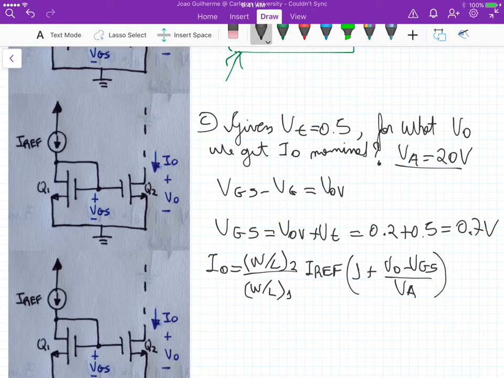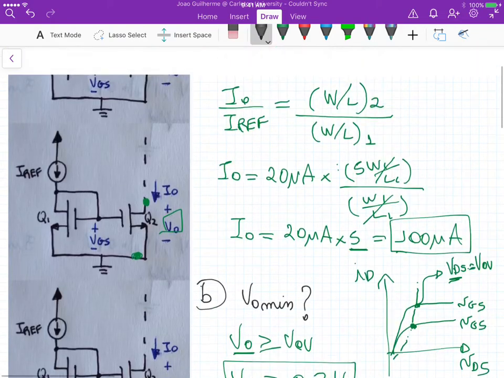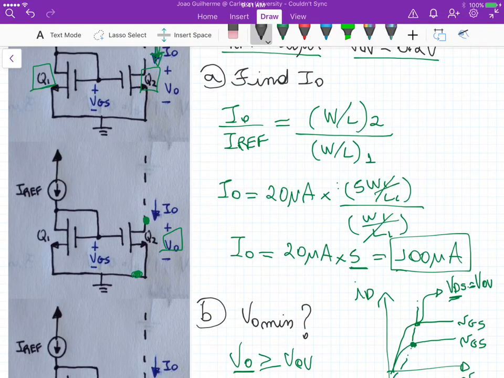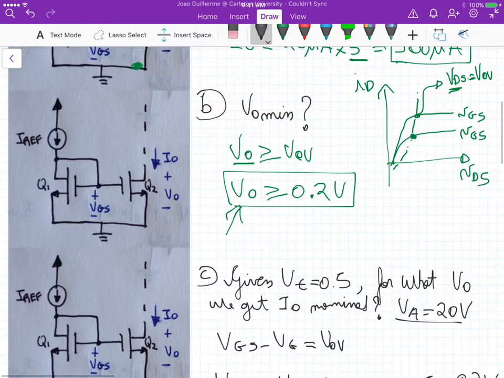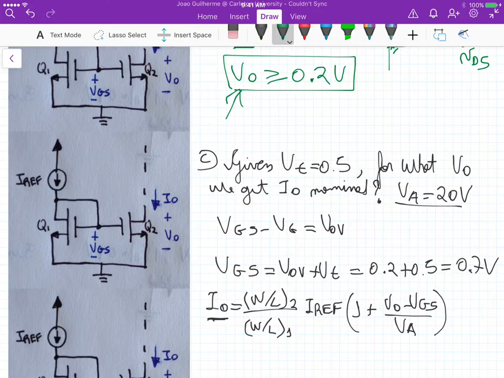That's the equation that gives us the value of I naught. So if we want the nominal current I naught, remember that the nominal current is defined by the reference current times the ratio of the aspect ratios. So it's this part here. For us to have this 100 microamperes, we must have this entire factor equal to 1.